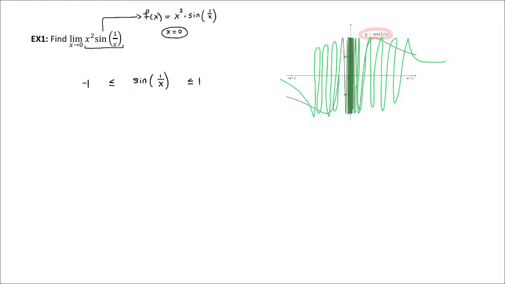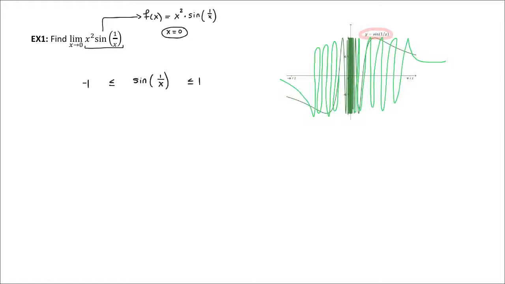But if I multiply the middle part by x squared, I have to multiply every other side of the inequality by x squared to keep everything balanced. I need to balance my inequality. Otherwise, I will be changing things around and committing illegal operations.